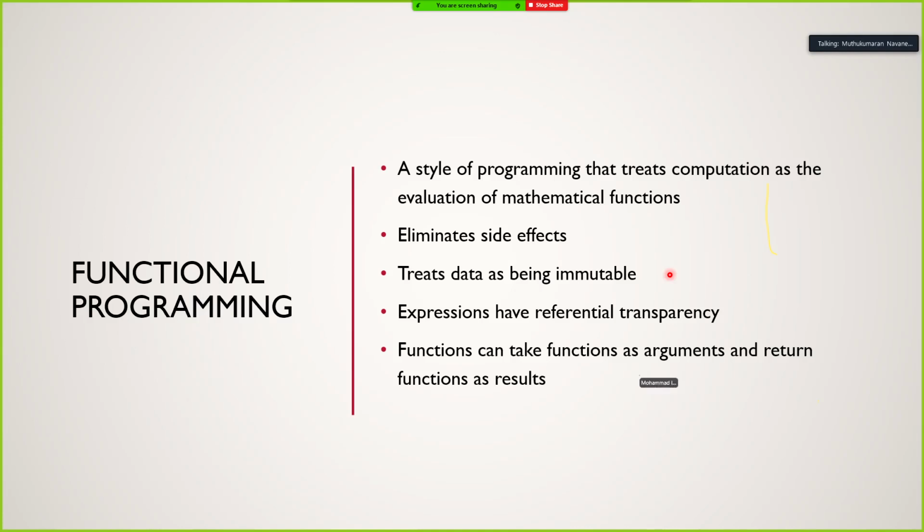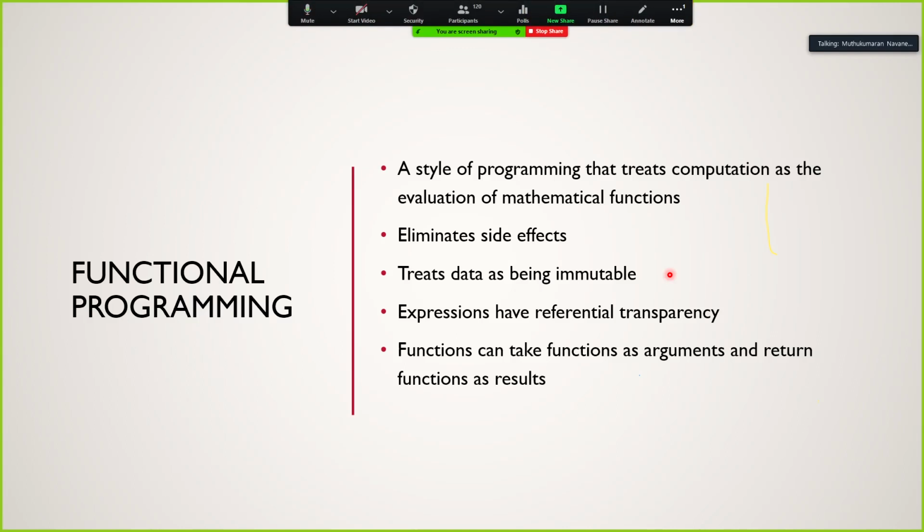One more thing is that a function can take a function as an argument, and it can also return functions. So you can pass a function as an argument, and return a function backwards as well. This is all part of functional programming.